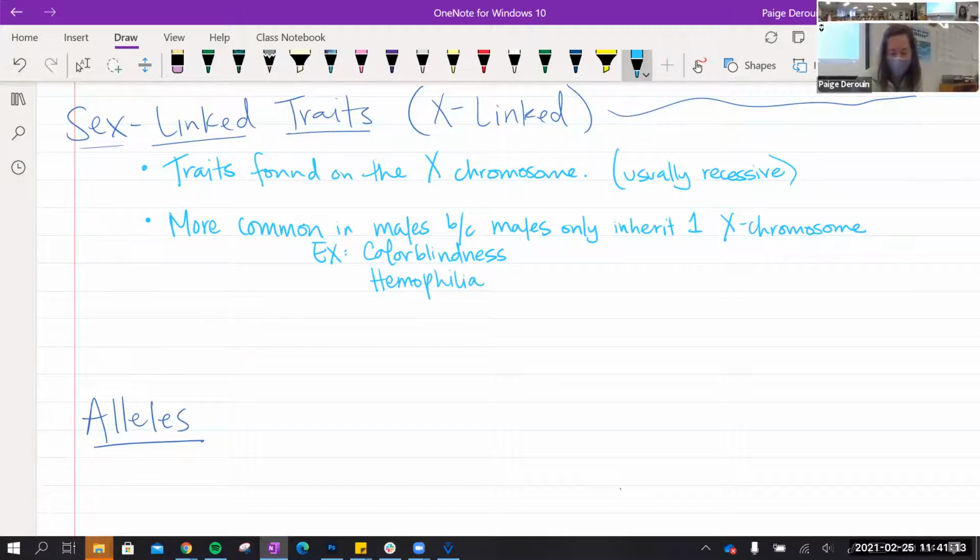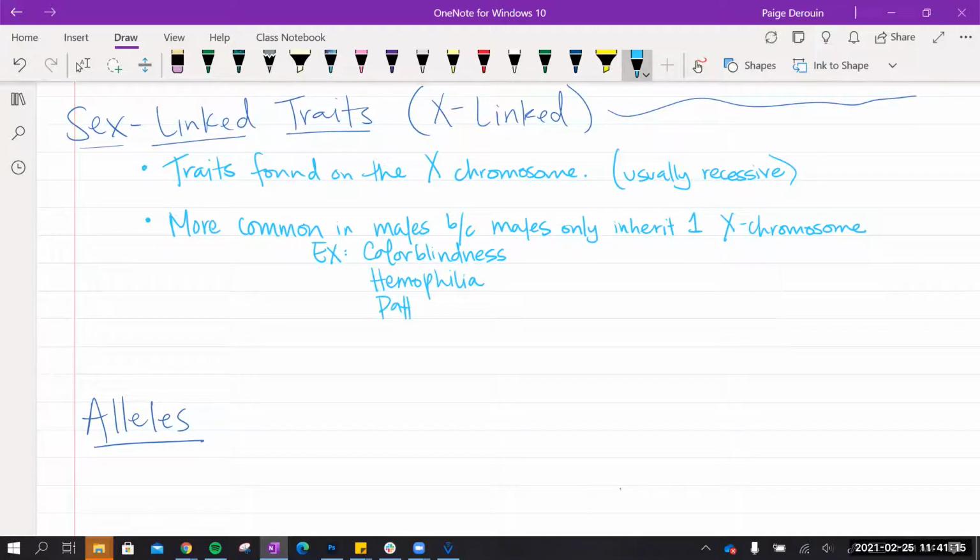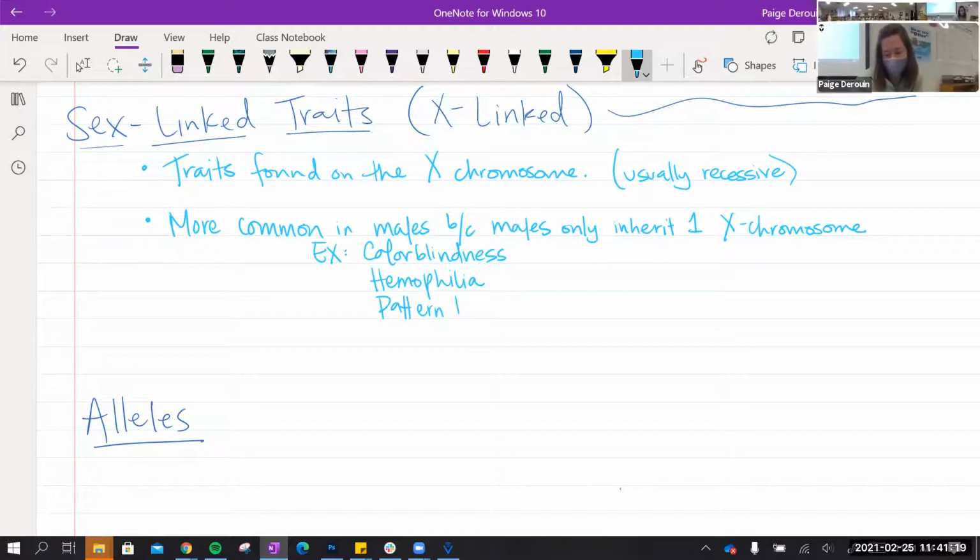Also pattern baldness. Does someone have a question? No, I was gonna just say baldness is the last one. Good job. Which is the baldness where the middle goes bald first and leaves the sides. You might know some men that have that, like your grandpa or something. Also, I think we talked about this before, but cats, their fur color is X-linked also.